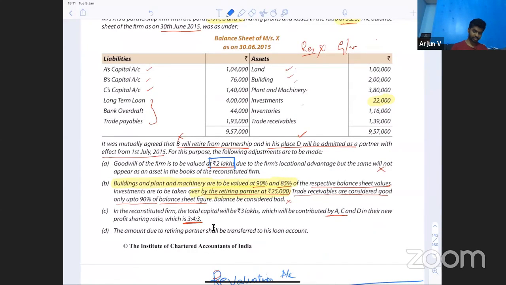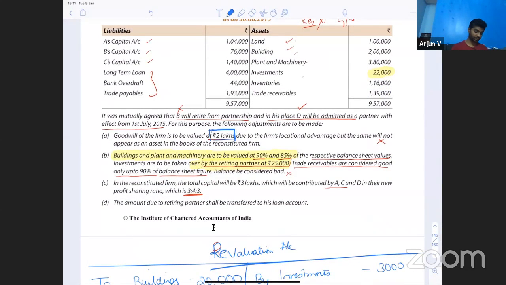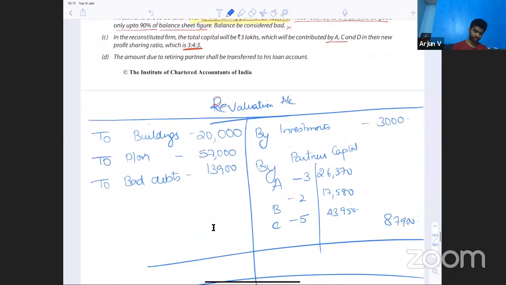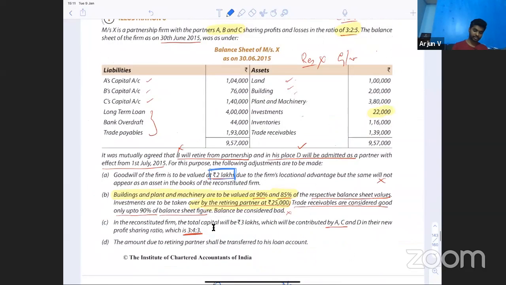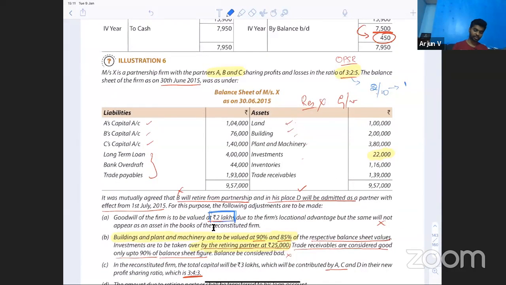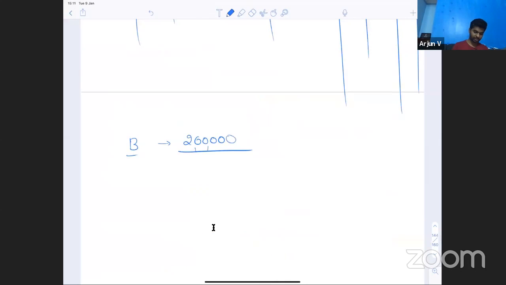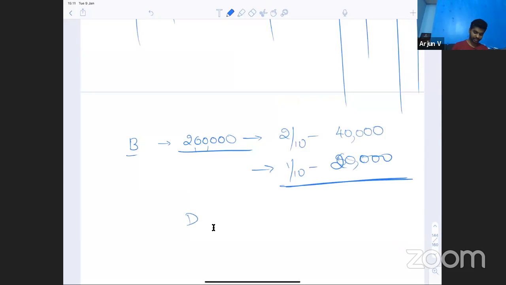B is giving 2 by 10 of his share, C is giving 1 by 10 of his share, D is getting 3 by 10 share, correct? So out of 2 lakh, B's share will be 2 by 10, which is 40,000. C's share is 1 by 10, 20,000. Totally, D is getting 60,000.